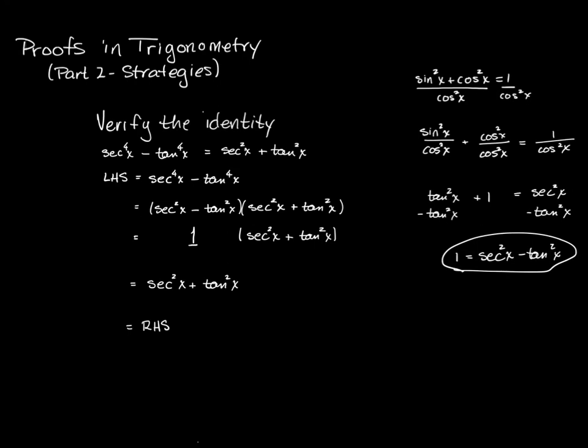Now, this one actually took very little time to do, but I had to make the observation that by factoring this difference of squares, I would end up with something that had this difference of two squares in it. And that difference of two squares is not the same as the 1 minus sine squared or 1 minus cosine squared that we've dealt with so far.